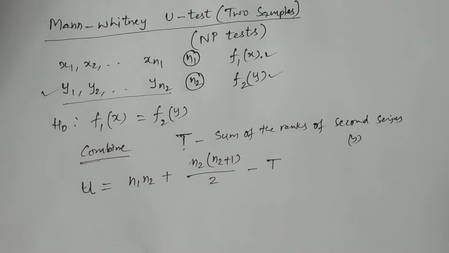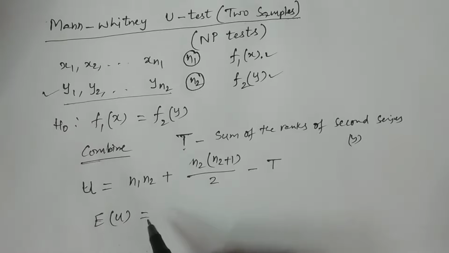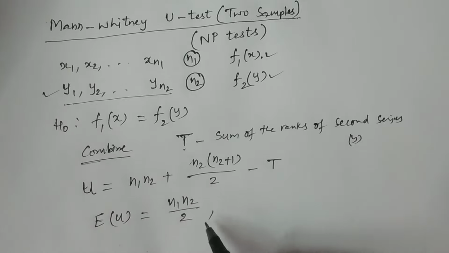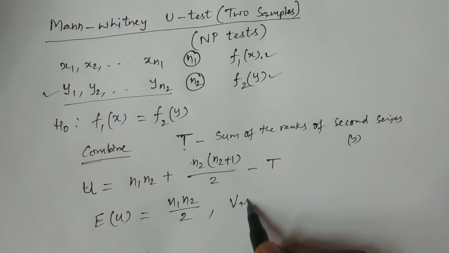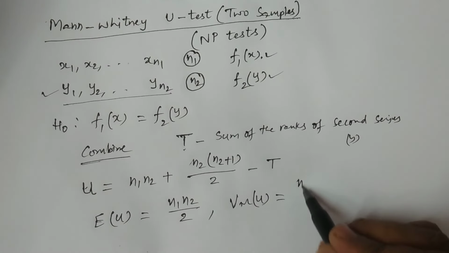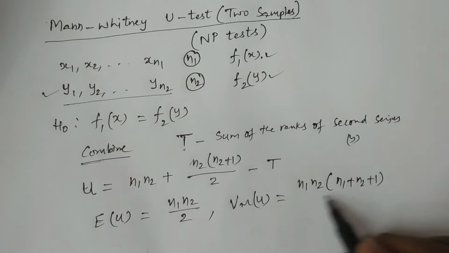Asymptotically U follows the normal distribution, and Mann and Whitney have derived the mean and variance of U. The expectation of U is n1 n2 divided by 2, and the variance of U is n1 n2 multiplied by (n1 plus n2 plus 1) divided by 12.